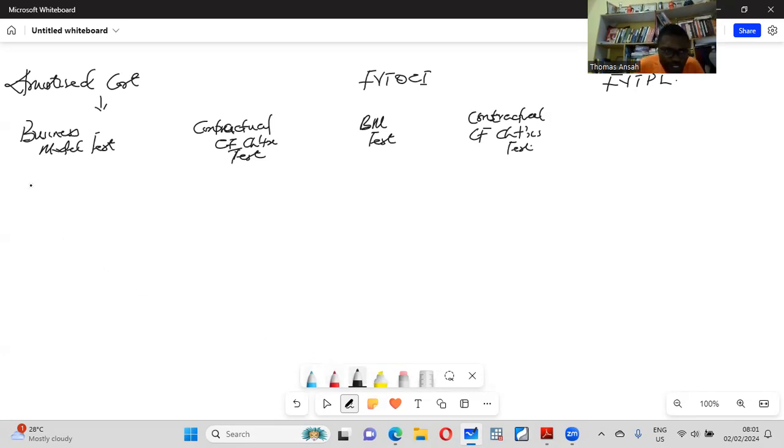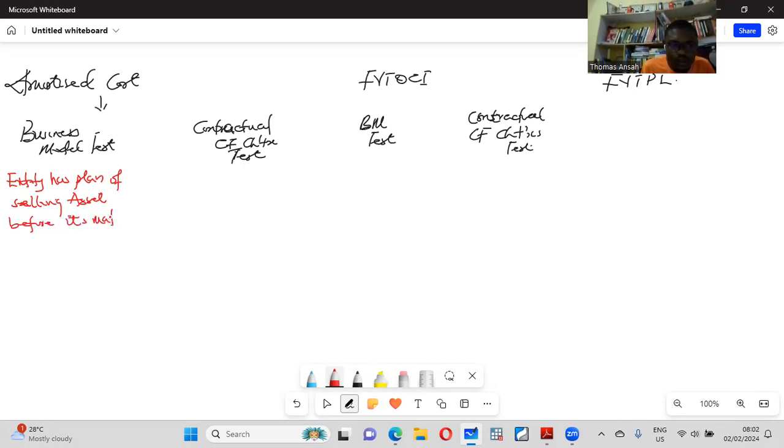All right. So what is this test talking about? This test is saying that the entity has no plan of selling the financial asset prior to its maturity.